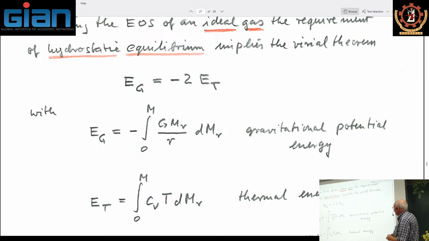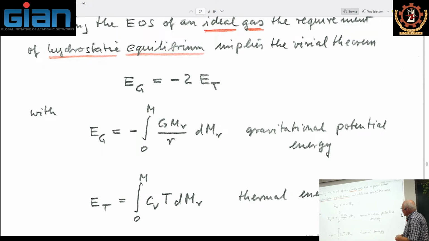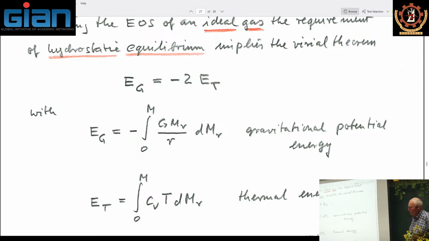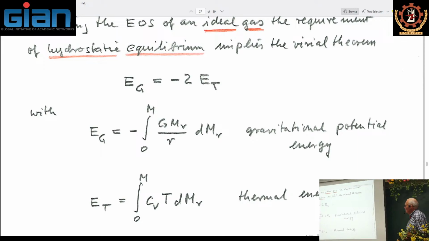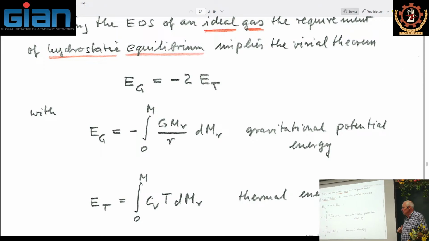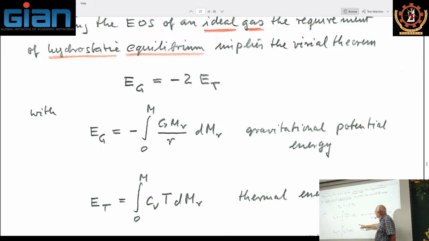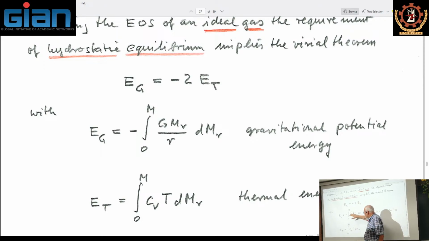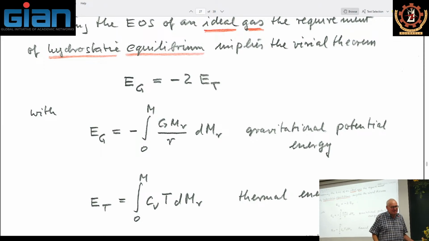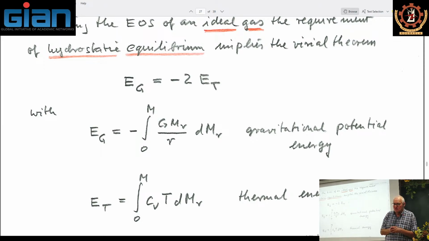The assumption to arrive at this form of the virial theorem was hydrostatic equilibrium. Now we are dealing with two kinds of energy, the gravitational energy and the thermal energy, so sometimes the virial theorem is confused with energy conservation.